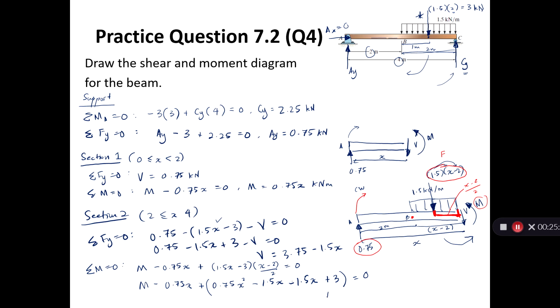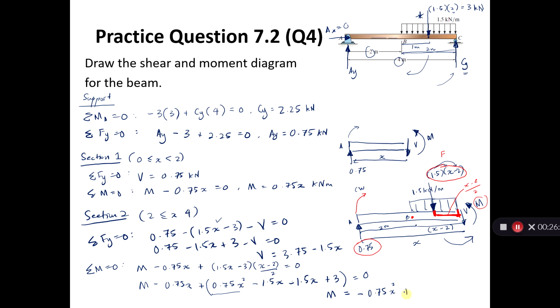Now you can rearrange this and get M. Of course, I hope you are writing this down on a piece of paper so that you can check. Okay, you don't have to follow how I'm expanding this. Moment equals, we write the x squared term first, 0.75x squared, move to the other side, and for the x terms we have negative 0.75 minus 1.5, that is minus 2.25 already, minus another 1.5 will be minus 3.75.